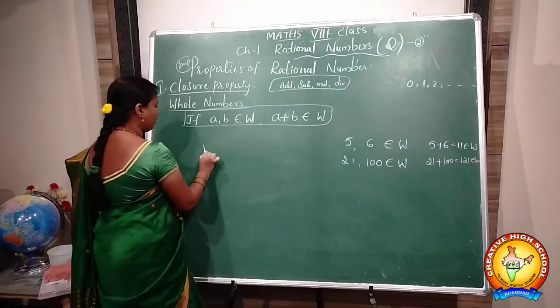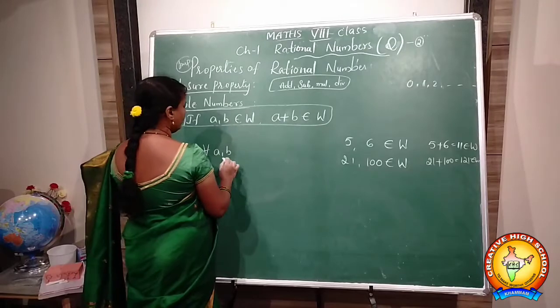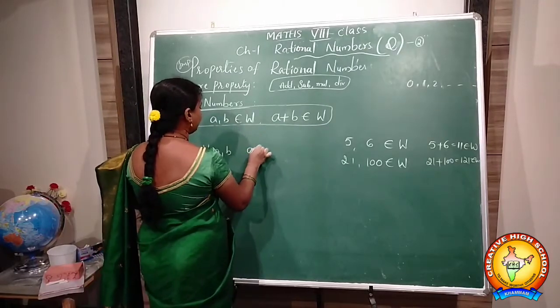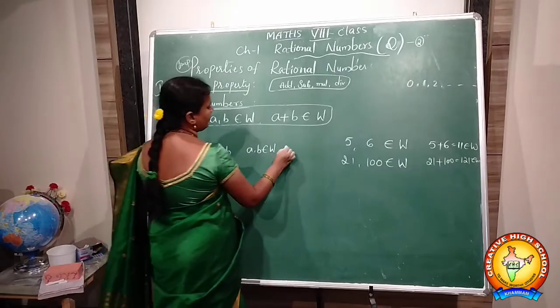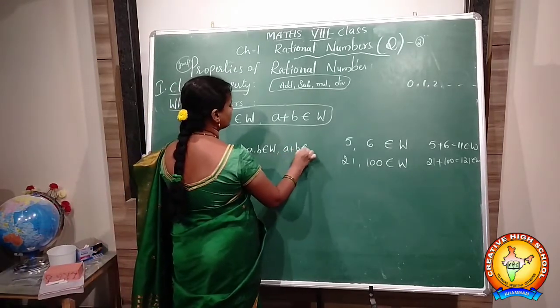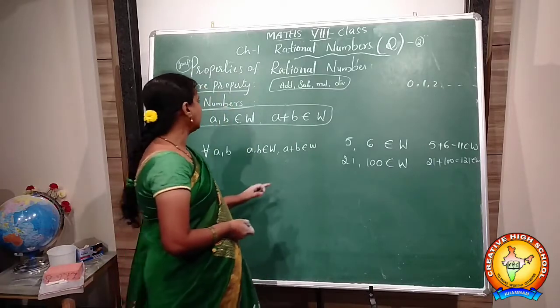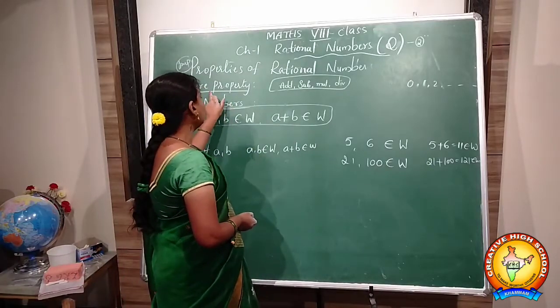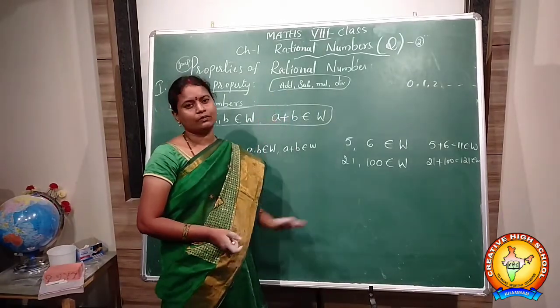So for all A and B, if A and B belong to whole numbers, A plus B also belongs to whole numbers. That's why we can say the closure property of whole numbers under addition is satisfied.